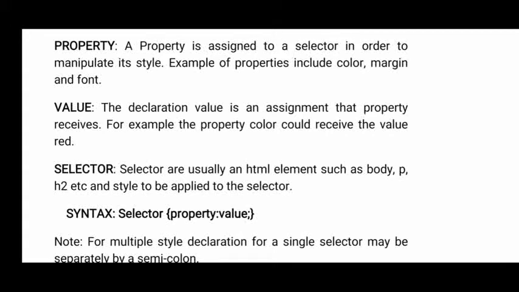So what is the use of the property? Property is changing the original style of that selector. Without a property also we can display content, but what is the use of that? The property will manipulate the original style of the selector.